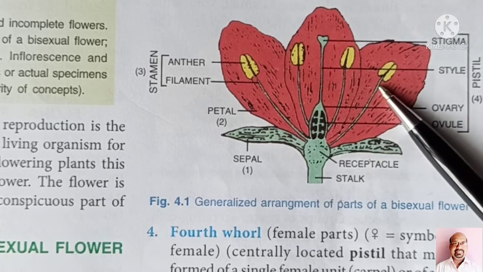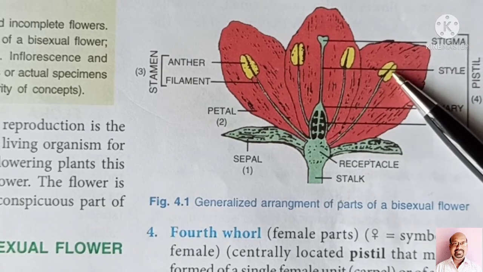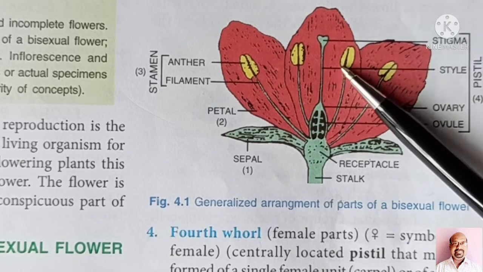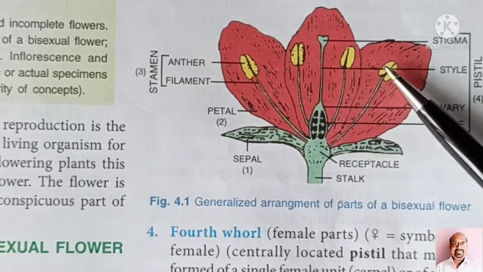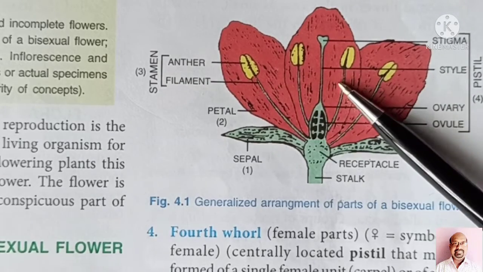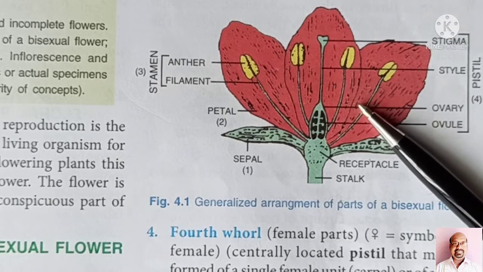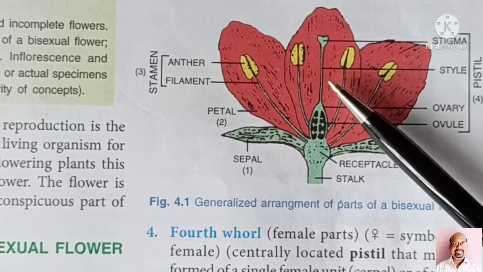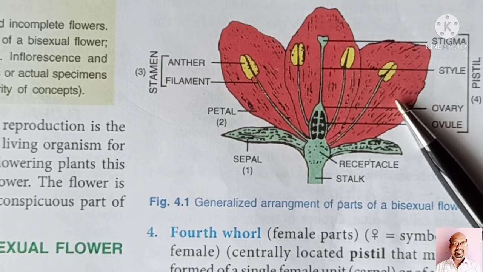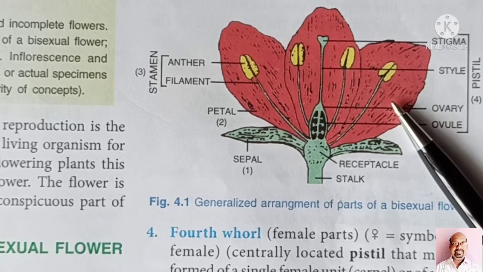Stamen consists of filament and anther. Separately they are called stamens. All the stamens collectively are called androecium, and it is the male reproductive part of a flowering plant.